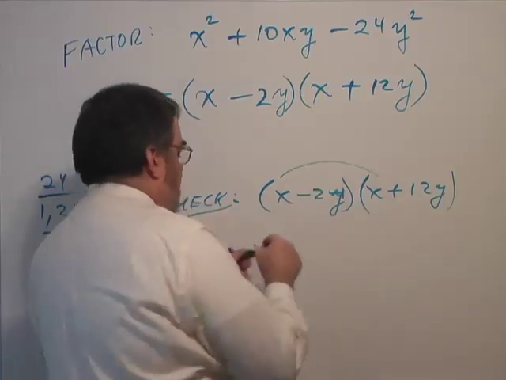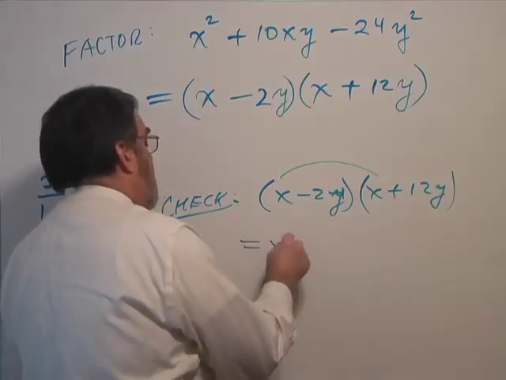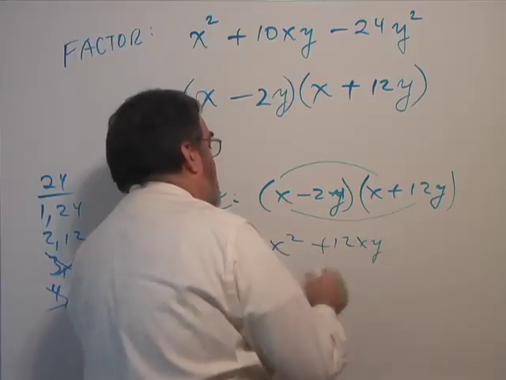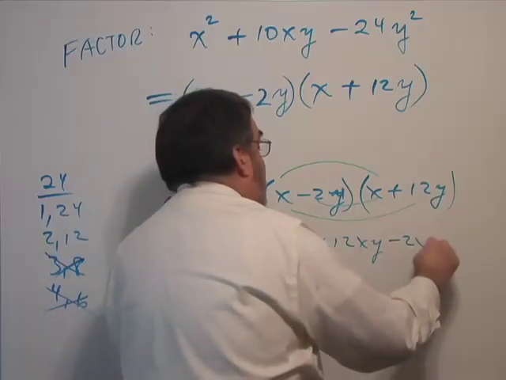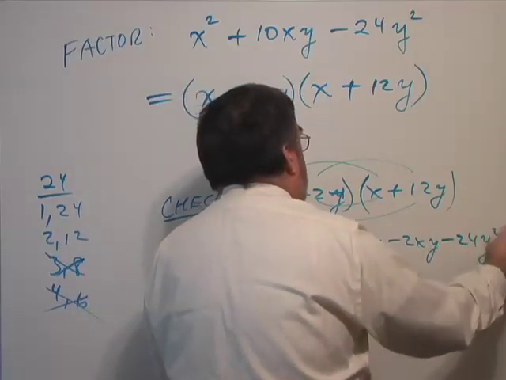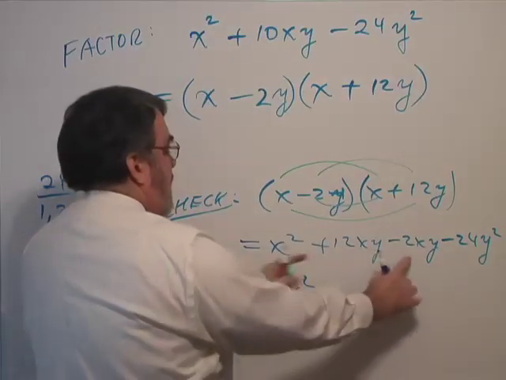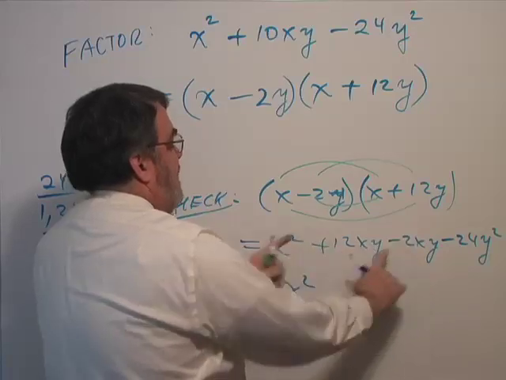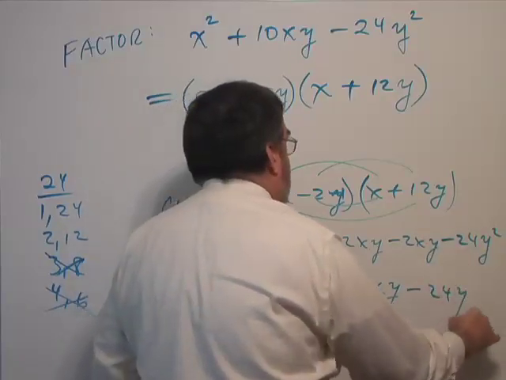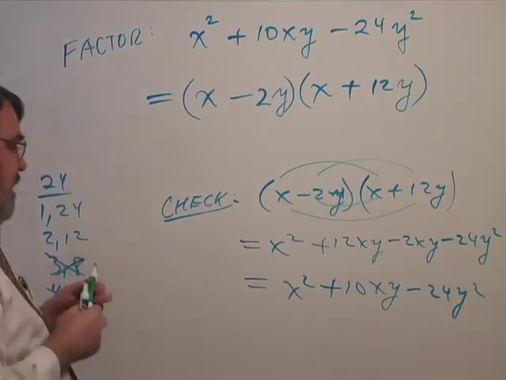All right, so foiling it out, I've got x squared, and I've got plus 12xy, and then a minus 2xy, and then a minus 24y squared. And when we collect the terms up, I've got x squared, and these end up being 10xy, positive 10xy, and then minus 24y squared. So if you look up above, this matches exactly what we started with. So it's the correct factoring.